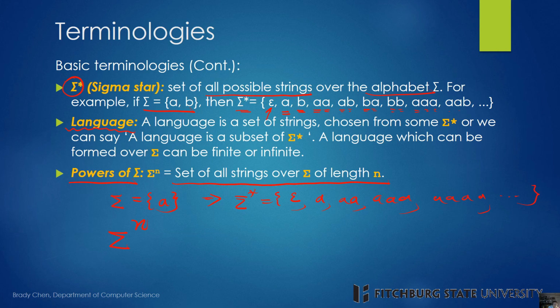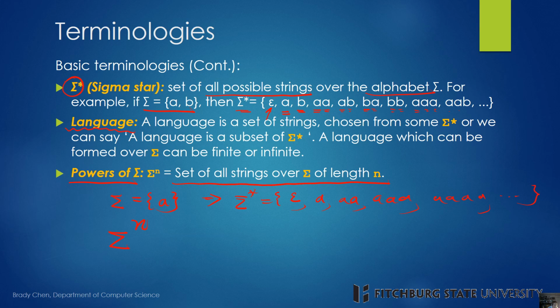Sigma star is all the possible strings, of any length, but sigma to the n, the power of sigma, is the set of all strings over sigma of length n. So sigma to the n is finite.